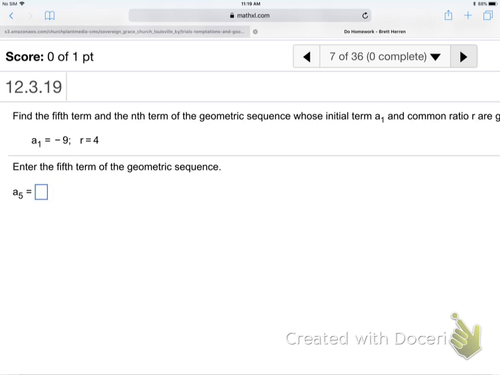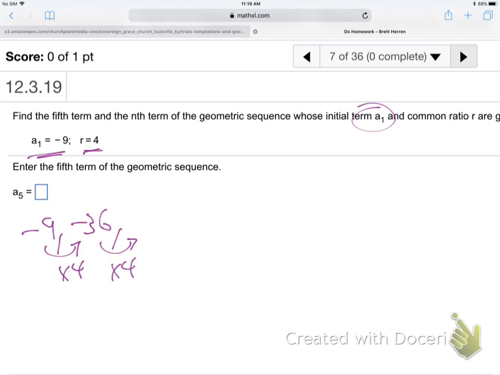This time, all of a sudden, they're using A1 now. I don't know why they used A for a minute there. So A1 is negative 9, R is 4. So the first number is negative 9, and then you go times 4, huh? So negative 36, times 4. Too big for me already.